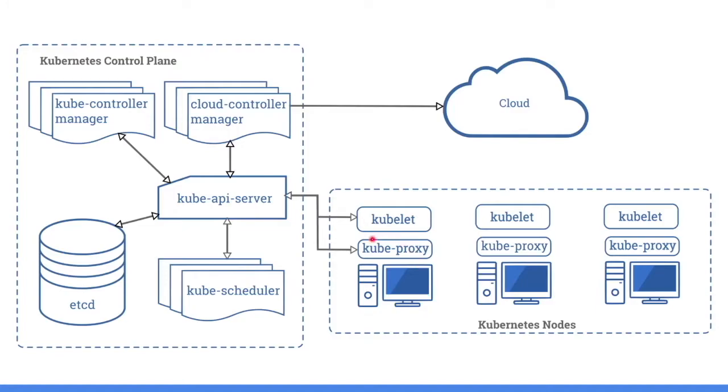And we have Kube Proxy, which is a proxy service responsible for routing network traffic to the pods on the node. We also have kubectl, which is a command line tool for interacting with the Kubernetes cluster through the Kube API server. It supports both imperative and declarative use, and YAML is mostly used for declarative definition of the resources in the cluster.